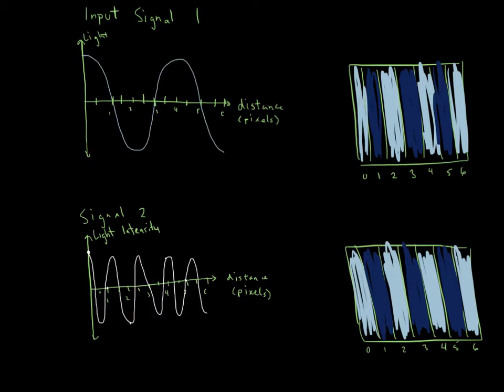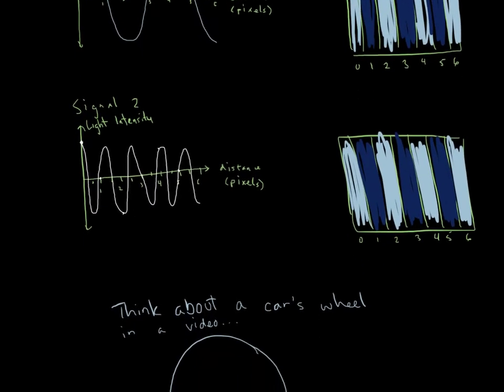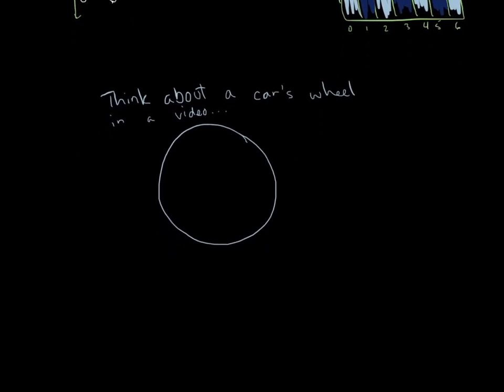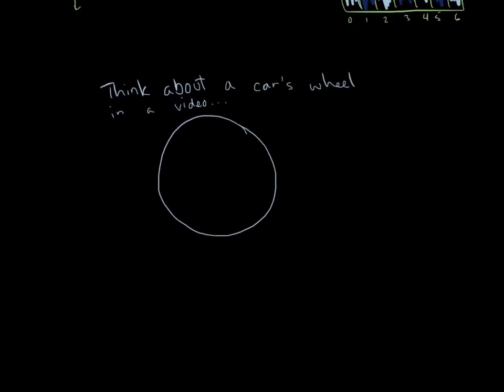And if you want another way to think about this, something that you've definitely all seen in your life, think about when you're on a highway looking at a car's wheel, or if you're looking at a video of a car's wheel. Say we have a piece of tape on this wheel, right? And the wheel is spinning in this direction.